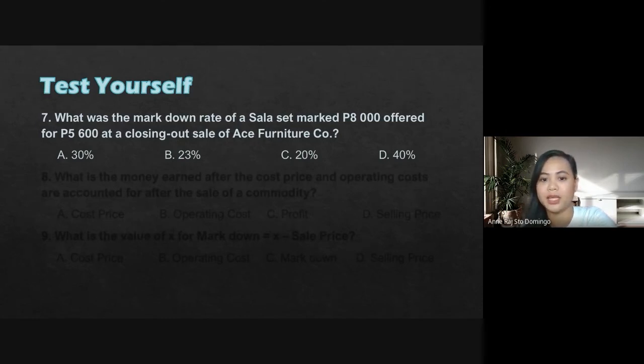We get the difference, the markdown first. So, regular price minus the sale price over the regular price. So, we can get 30%.